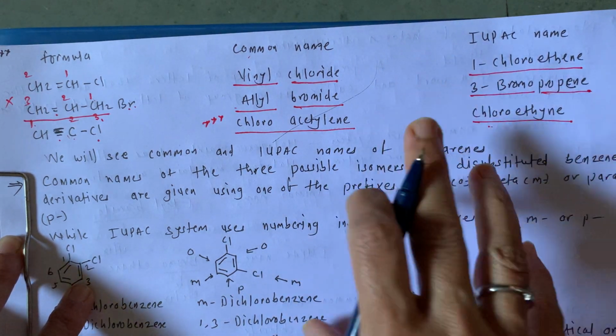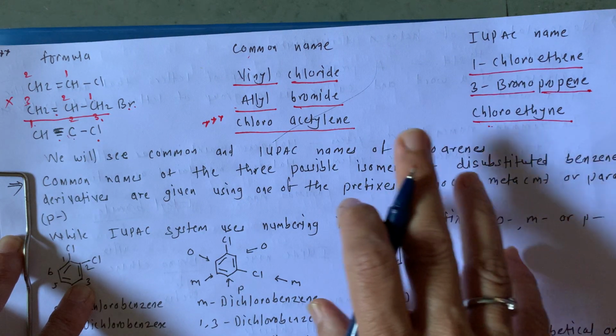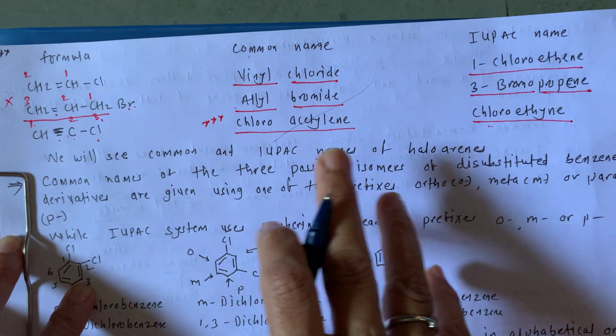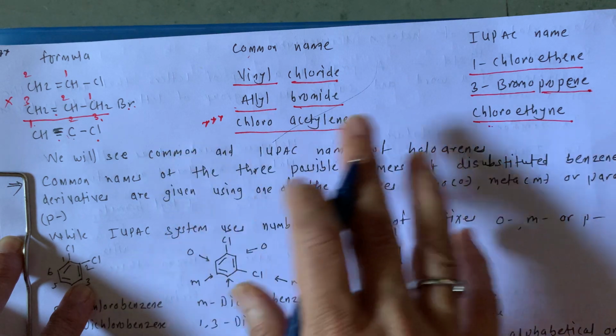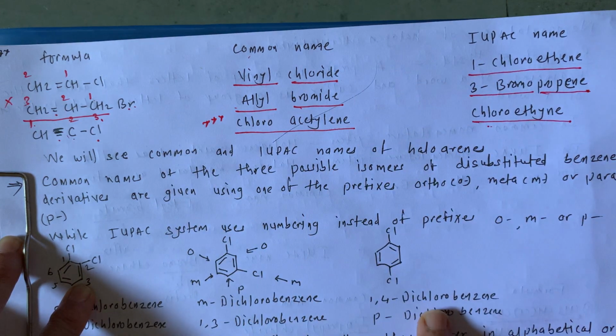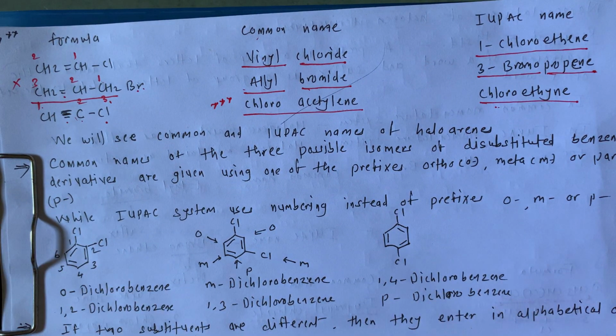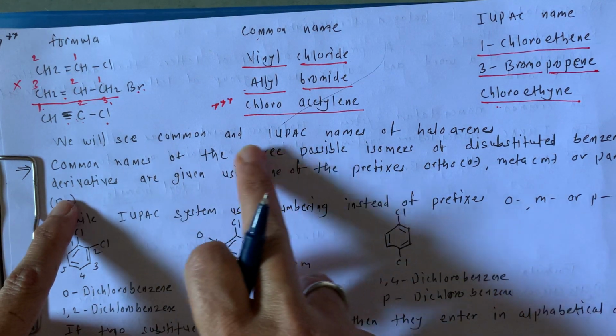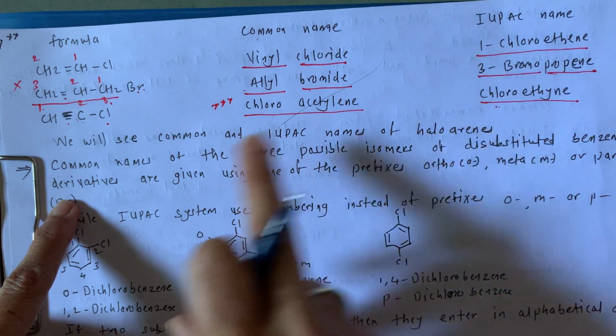Now this is all for haloalkanes, haloalkenes or haloalkynes. Now we will see haloarenes. For haloarenes, we have to study three different types. First of all, we will see common and IUPAC names of haloarenes.